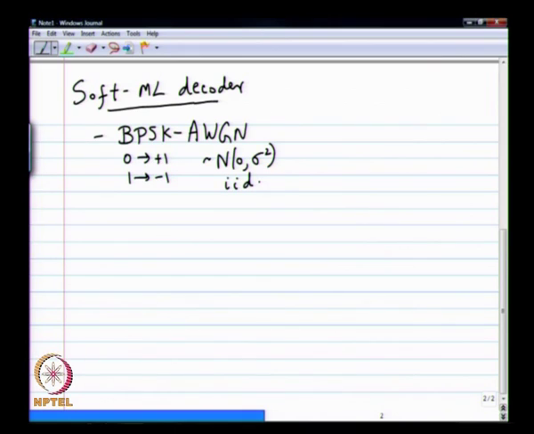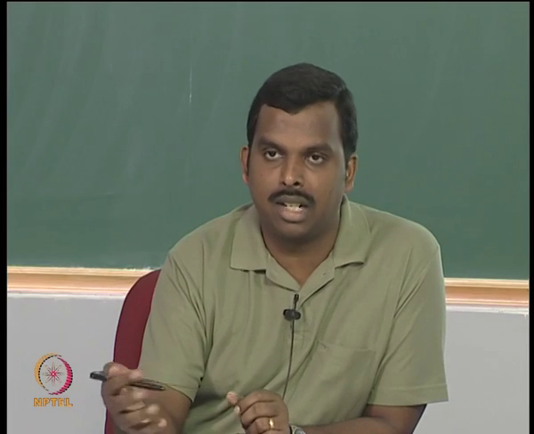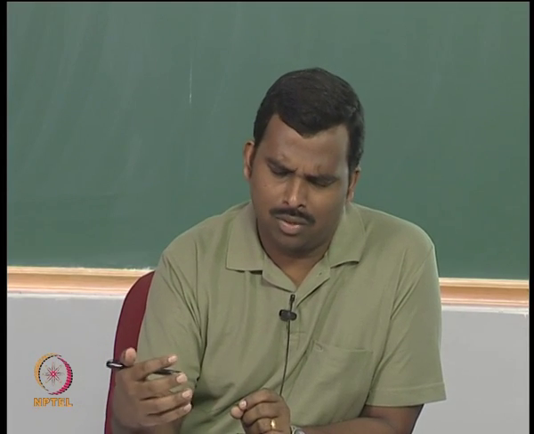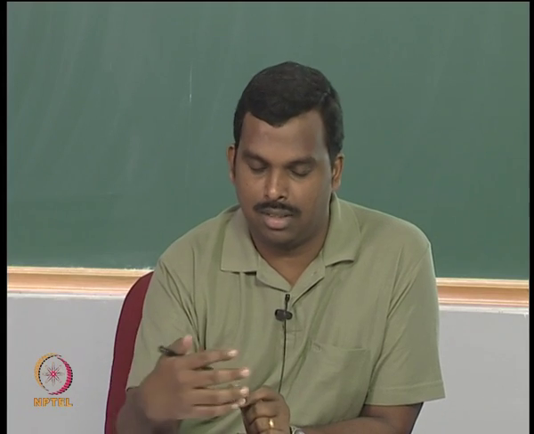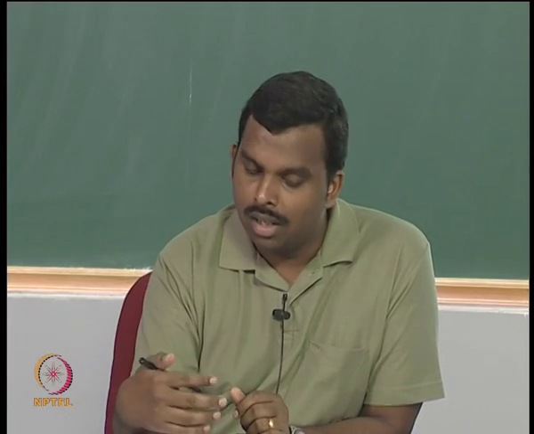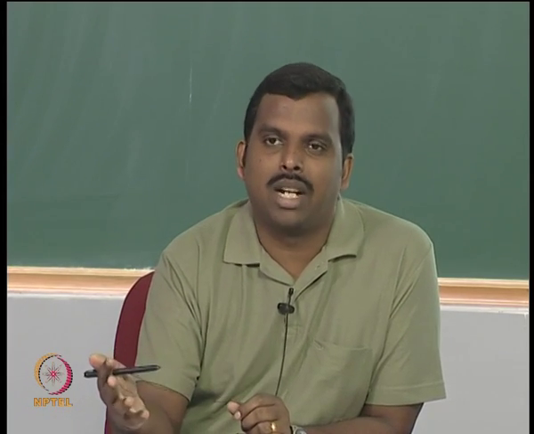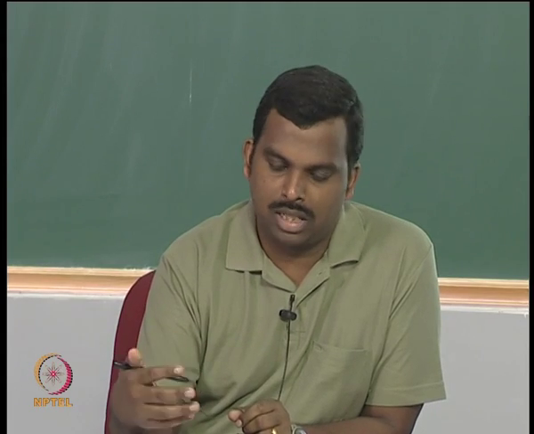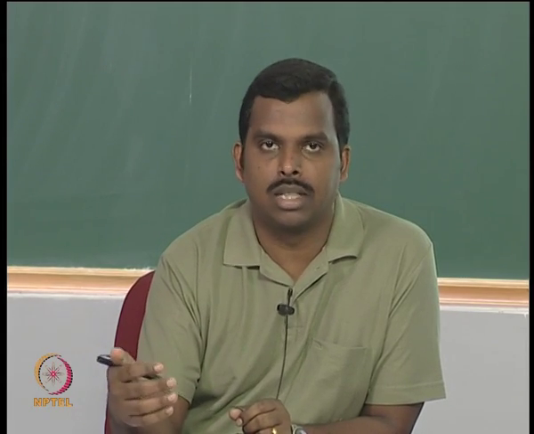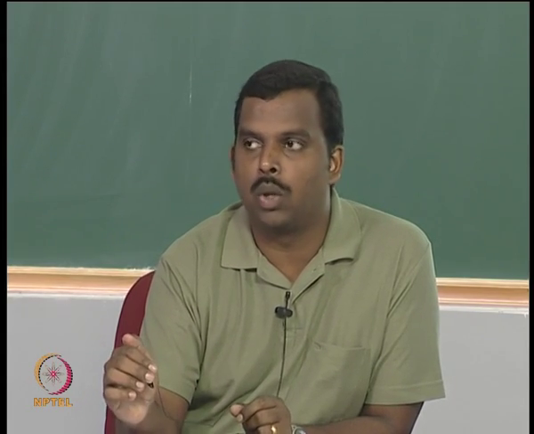That is our standard assumption. There is also a hard decision ML decoder, in which case the channel will be a binary symmetric channel. That is what we have used as a standard for hard decision decoding. So I am not going to describe that. It is quite simple. Towards the end maybe I will point out how that works, but we will begin with the soft ML decoder.